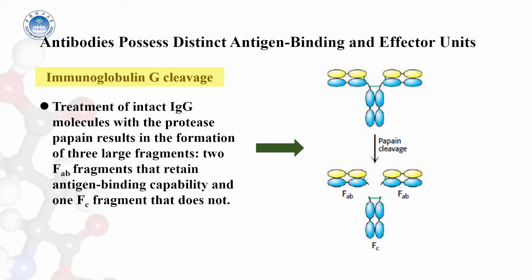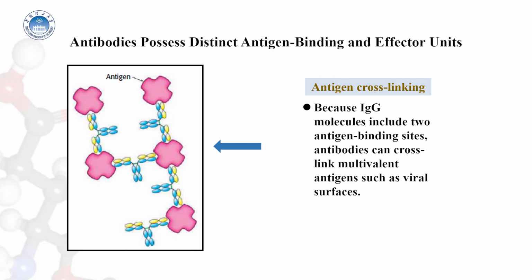So each Fab contains a single antigen binding site. It can be seen from the figure that an intact IgG molecule contains two Fab components and therefore has two binding sites. It can cross-link multiple antigens.